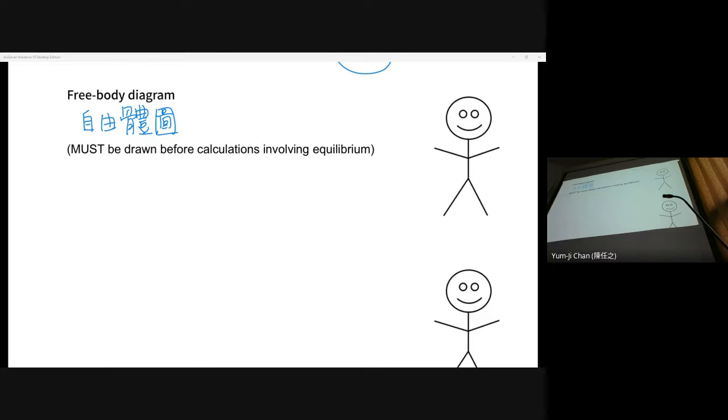I think you may have seen it in your physics class, but this is very important in the statics class that it must be drawn before calculations involving equilibrium.